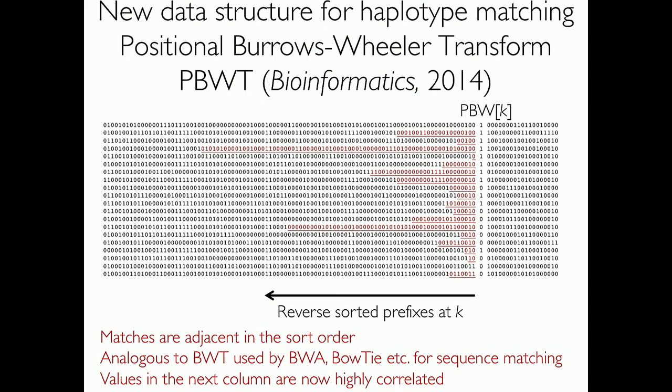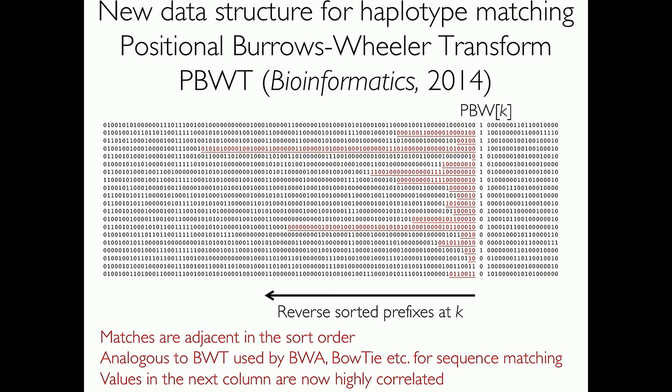So matches are adjacent in the sort order because they're sorted, so things that are identical for some region. These are maximal matches within the data set. And you can use all the same algorithms that are used in BWA and Bowtie and so on for haplotype matching as you did for sequence matching.